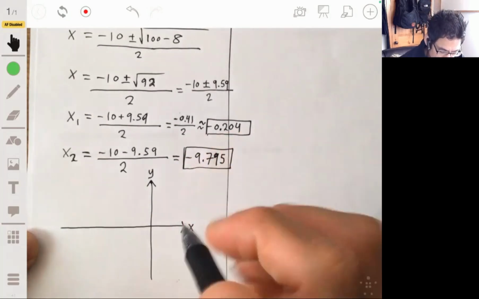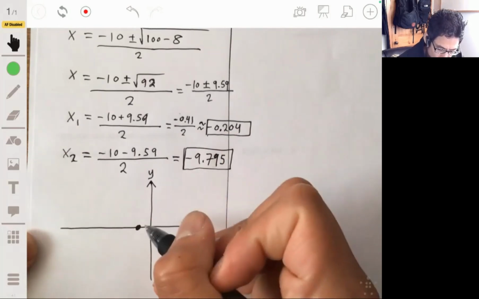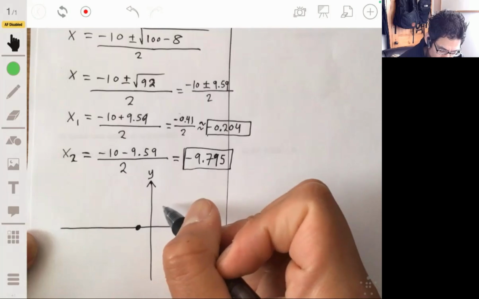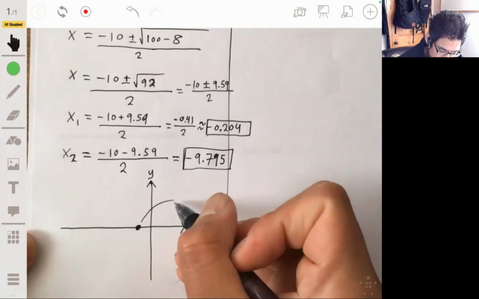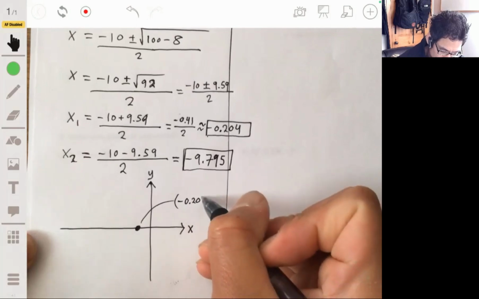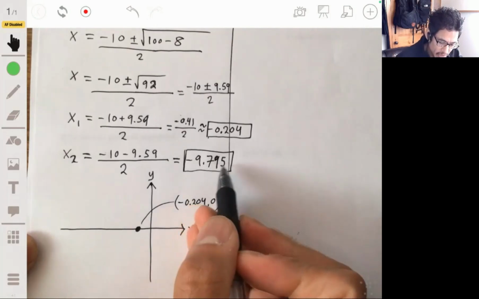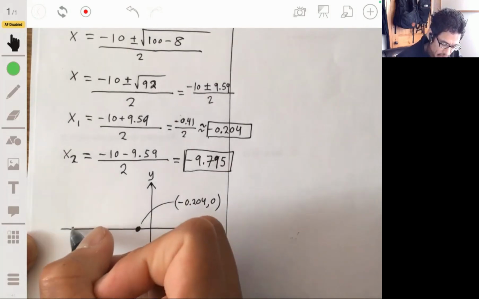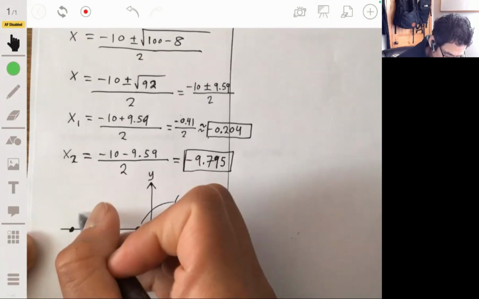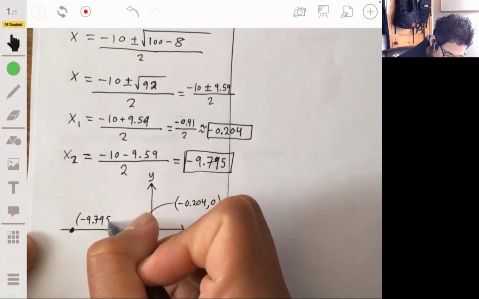So negative 0.204, let's just say it's over here. Recognize that that's just the x-coordinate, so that's going to be negative 0.204, comma 0. And then negative 9.795 to the left. It's not drawn to scale, so don't worry about that. So negative 9.795, comma 0.